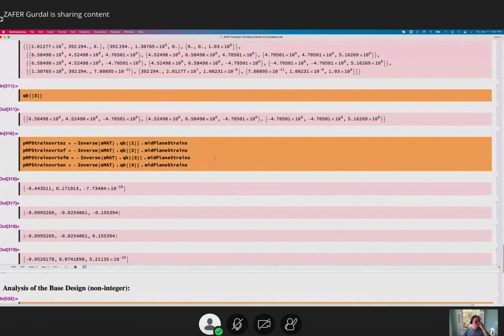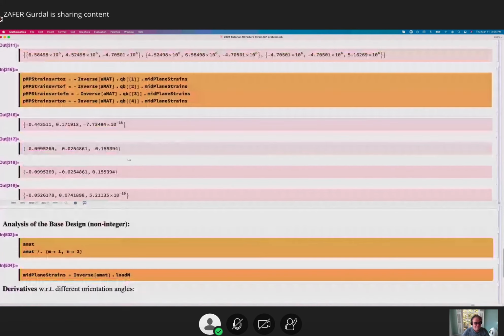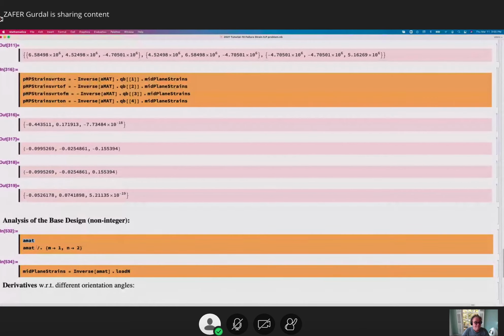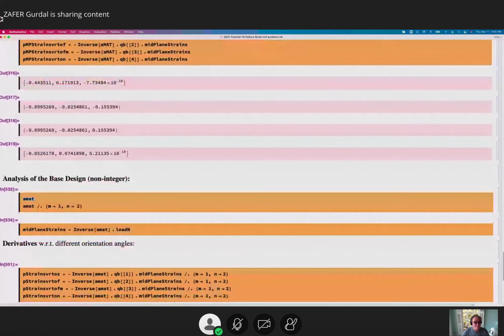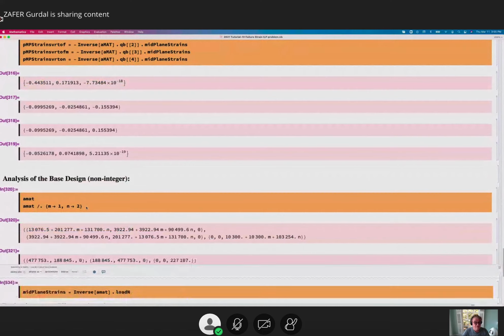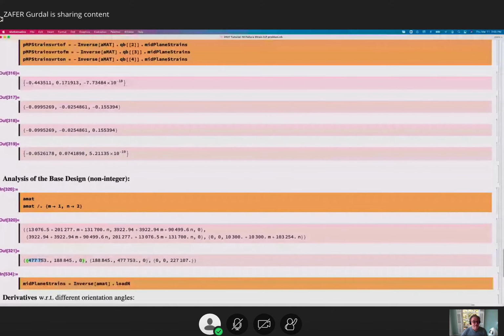Now, what if my variables were non-integer? Then my A matrix is actually, I have it in terms of M and N, okay? And if M and N go to 1, I get the baseline.